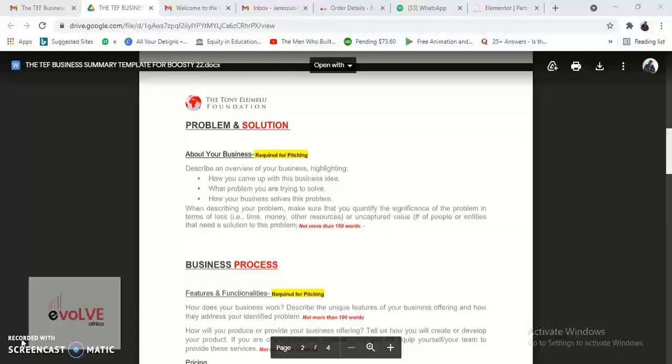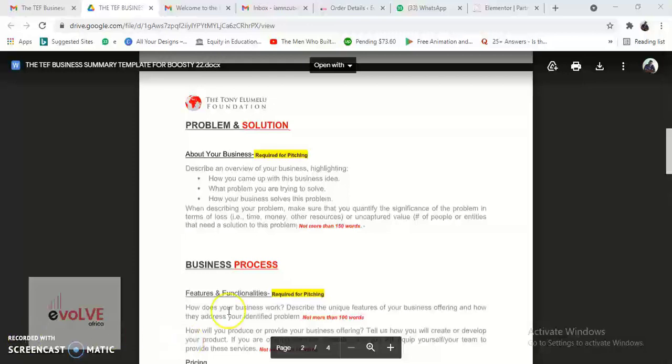You have to quantify it in terms of time, money, resources, energy, efficiency, whatever it is that this is doing differently. So it's good to quantify and use numbers. Always remember, use numbers, use statistics, use whatever you have to let people who are reviewing your business see that, oh, this person is solving a problem.